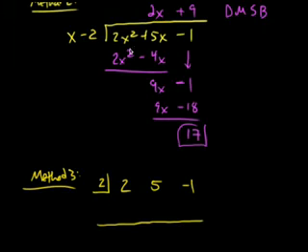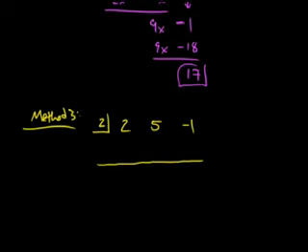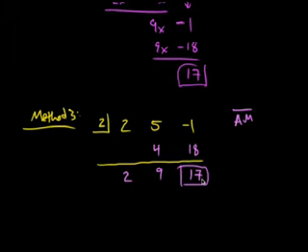I don't have any placeholders because x squared, x, and 1 are all represented there. Now for synthetic division, I believe the pattern was add then multiply, and repeat. So add the first column is 2, multiply 2 times 2 is 4. Add is 9, 2 times 9 is 18. Add 17, and what do you know? My remainder is 17 yet again.